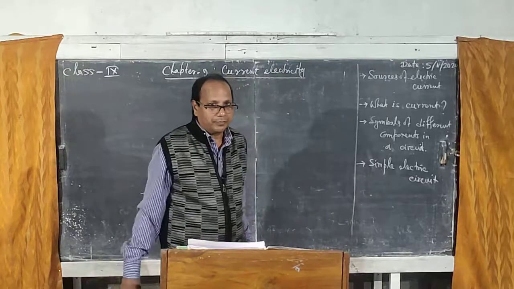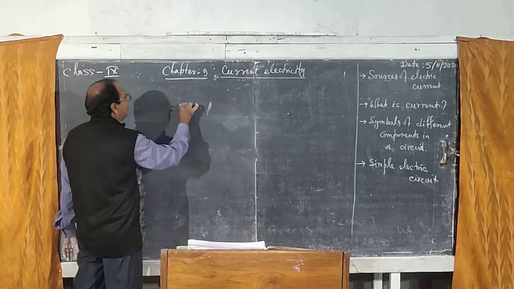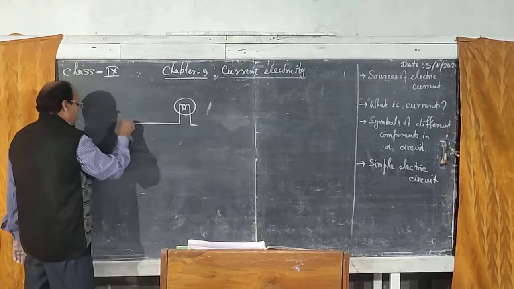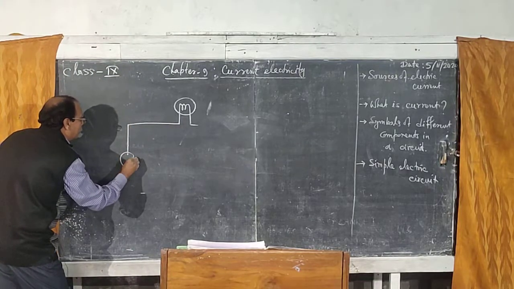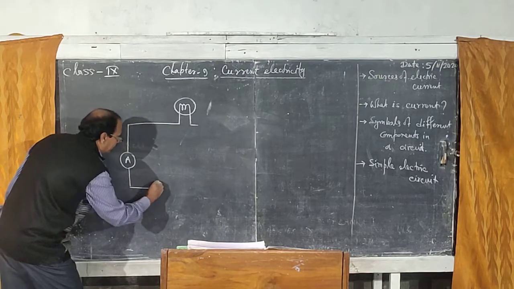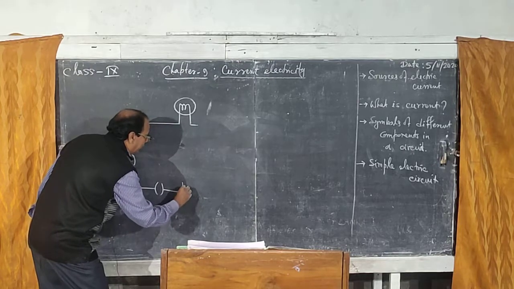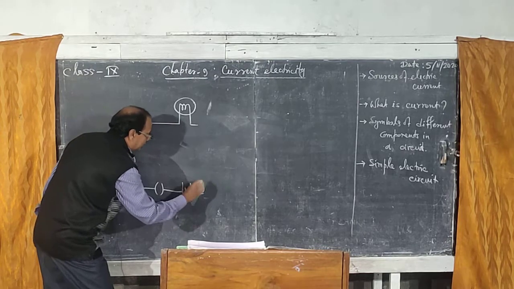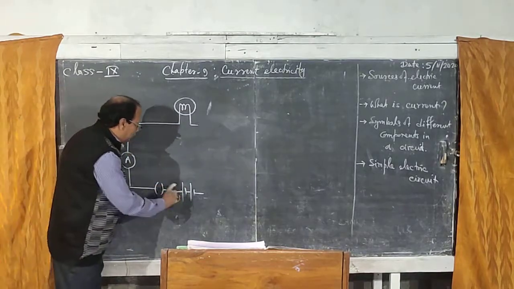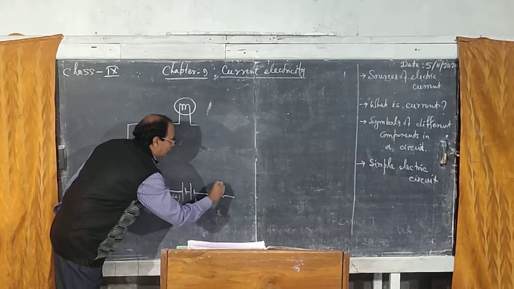In a simple electric circuit, normally we put one bulb that is called load, and then we will attach one ammeter, then there will be a key, then there will be either a cell or battery. I am keeping here one battery having two cells, then there will be a rheostat.